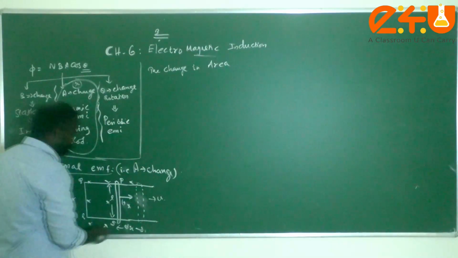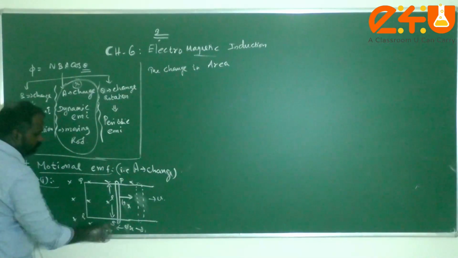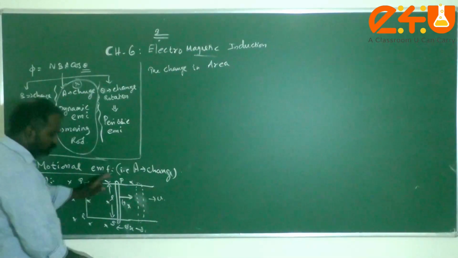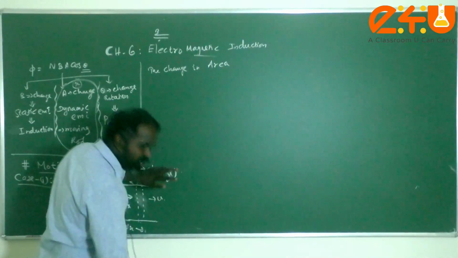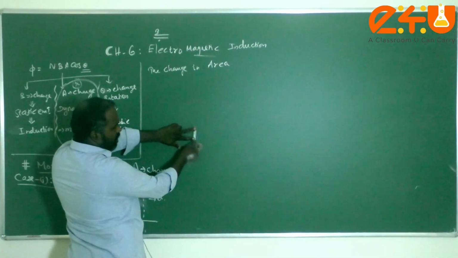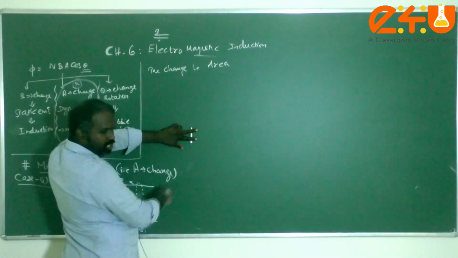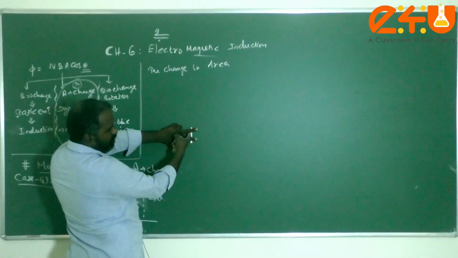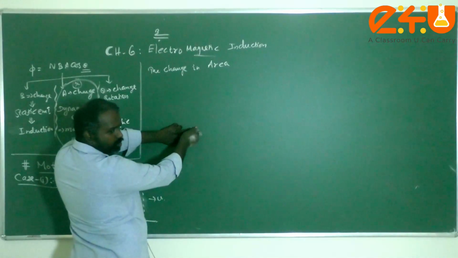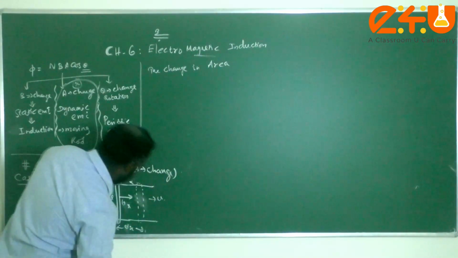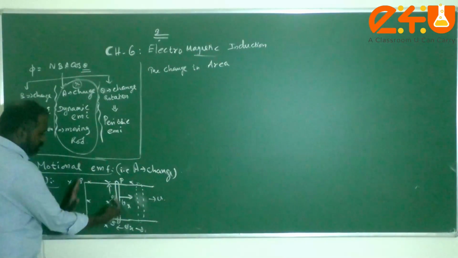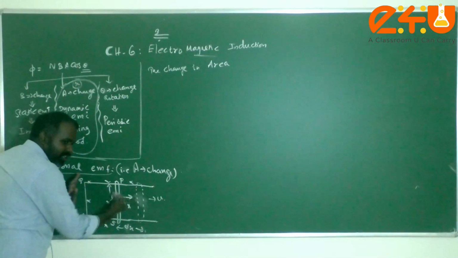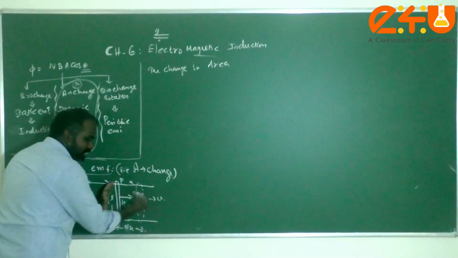The area enclosed means this portion only, not outside of this movable rod. Please try to understand what the enclosed area means. This area need not be considered because it is not a closed loop, but this is a closed one, and it is considered the enclosed area. So when it moves from this portion to this portion, the area enclosed by the magnetic field will change.